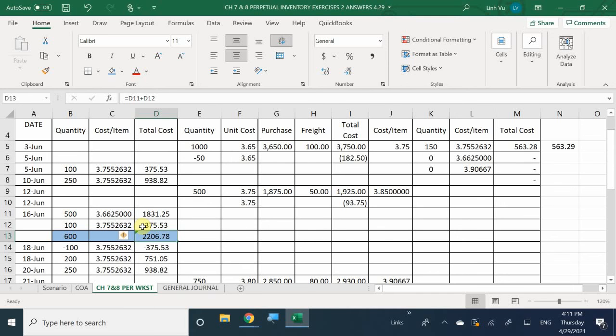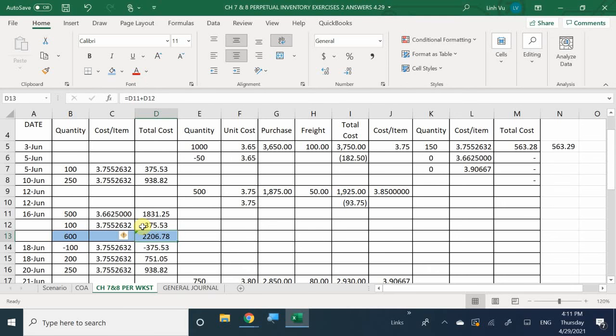I purchased my inventory at $1,925, right? That's an even number right there. But because we have that half of a penny that we have to deal with, when we round up, because when we do the cost of goods sold, we must round up due to the conservatism rule.